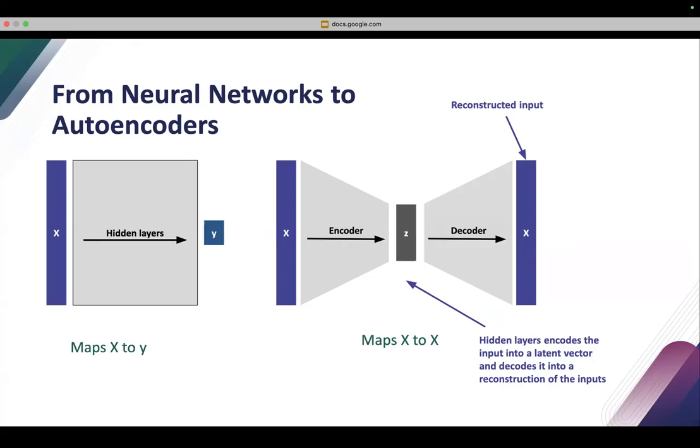So going back to the architecture of neural networks and autoencoders, if we take a very vanilla looking neural network, you'll have inputs that we can just call X for now, that are going to go into your neural network. And what you have in your neural network is a series of hidden layers, right?